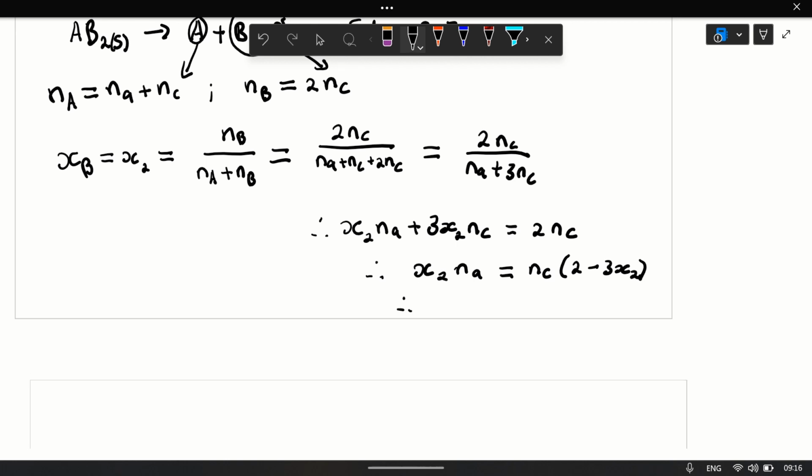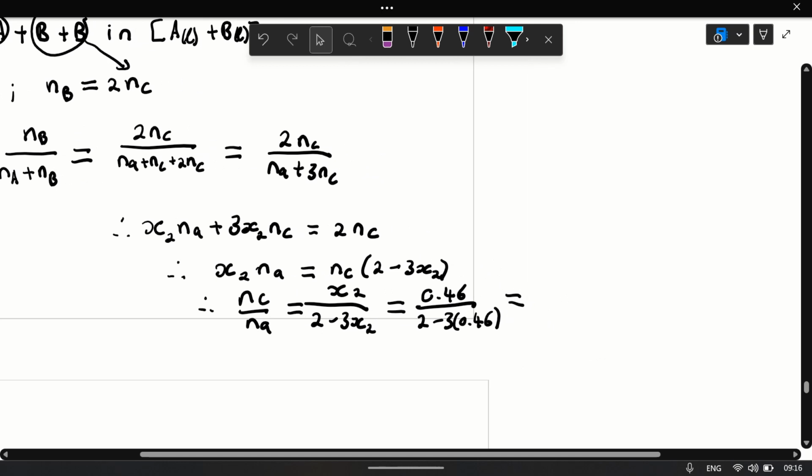And then we can say Nc over Na is equal to x2 over (2 minus 3x2). What is x2? It's that 0.46 that we said there at the top. So 3 times 0.46. Plug that into our calculator.